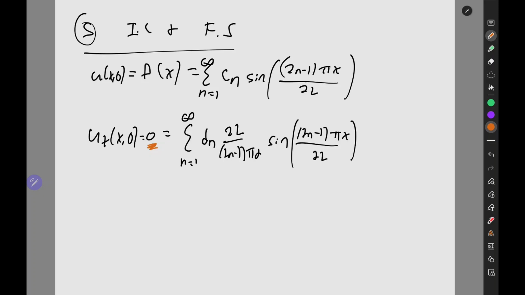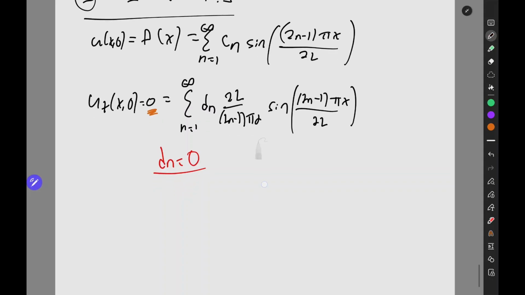You want to solve for this in your integral. This set equal to the integral of f of x times sine of n pi over L x. But we don't have to worry about it in this case. d sub n is 0. We do have to solve for c sub n.